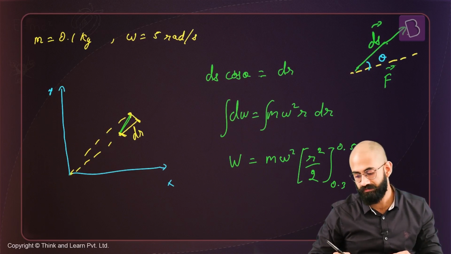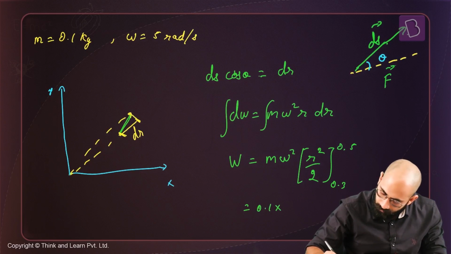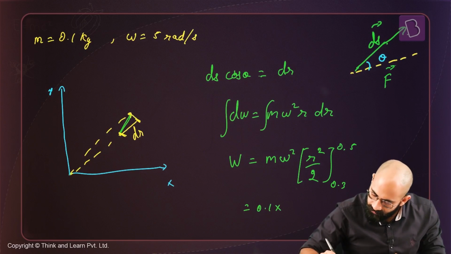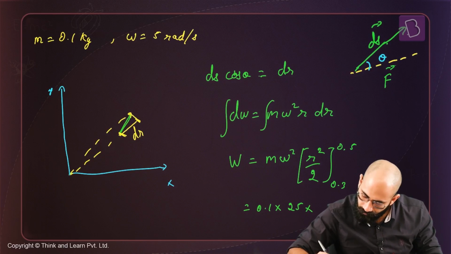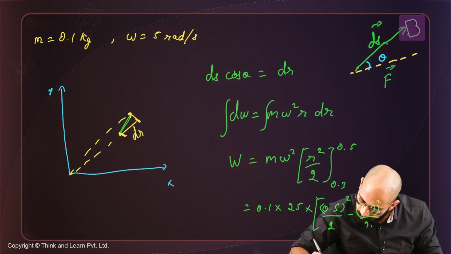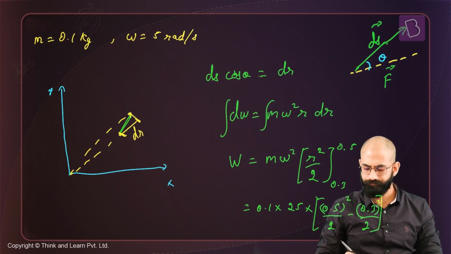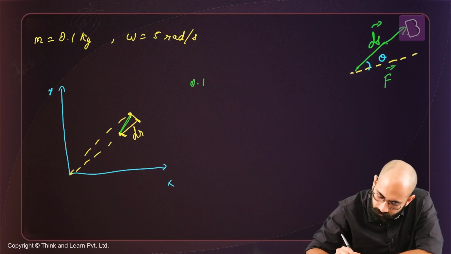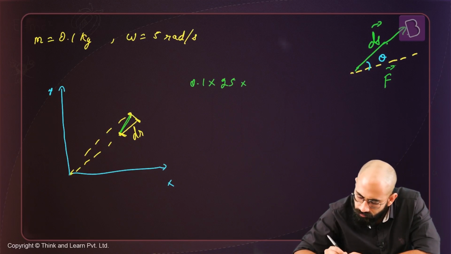Yeah. So if I further simplify, m is given to be 0.1. Omega is 5 radians per second. So this will be 25 into 0.5 squared by 2 minus 0.3 squared by 2, after applying limits.